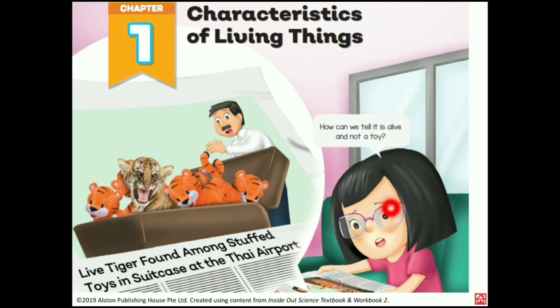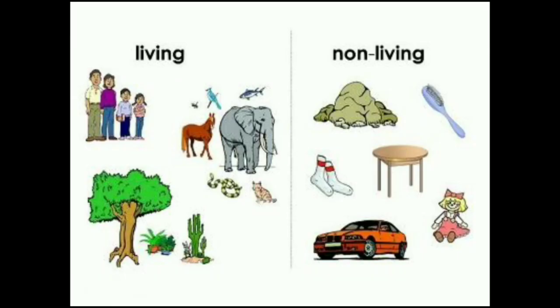The girl is saying, how can we tell it is alive and not a toy? First we need to look at what are living things. Living things are like people, animals, and plants.